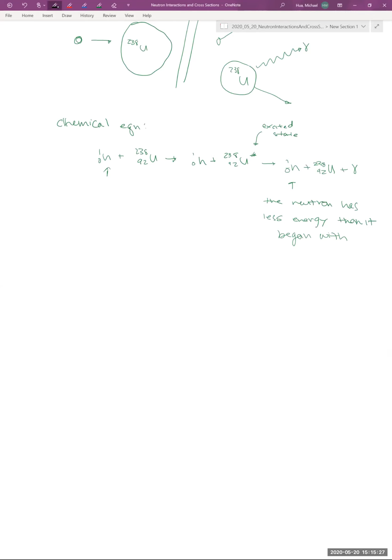I'd say the parent header here is absorption. And then within absorption, there's capture. And then within capture, there's transmutation and radiative capture. So we'll start with transmutation.